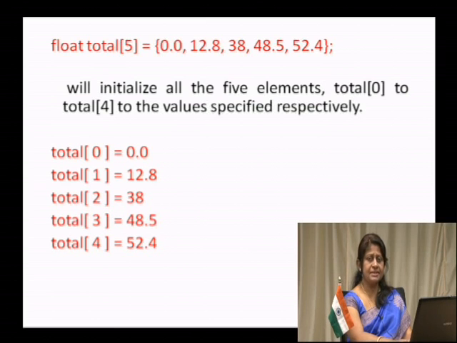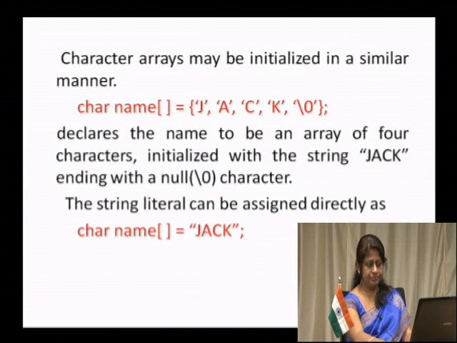So total of 0 will have a value 0.0, and the second array element, total of 1, will have a value 12.8. It goes on subsequently with those values. As my array size is 5, I have initialized it with 5 values. What happens if I give excess values? We will see that later.